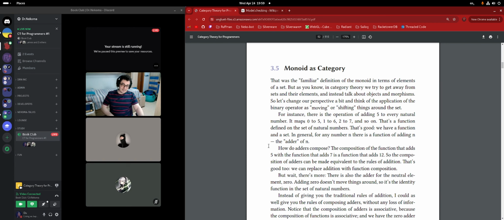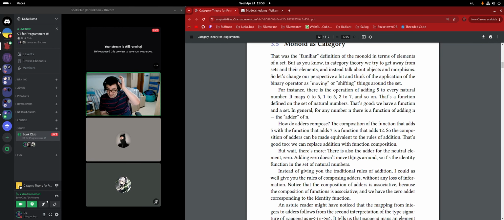That means that the composition of the function that adds 5 and the function that adds 7 is a function that adds 12. We can compose these things. And there is also a neutral element, right? Because remember, we need an identity to compose with our function and do nothing, regardless of the position, so id after f or f after id. And that is adding 0. How awesome.